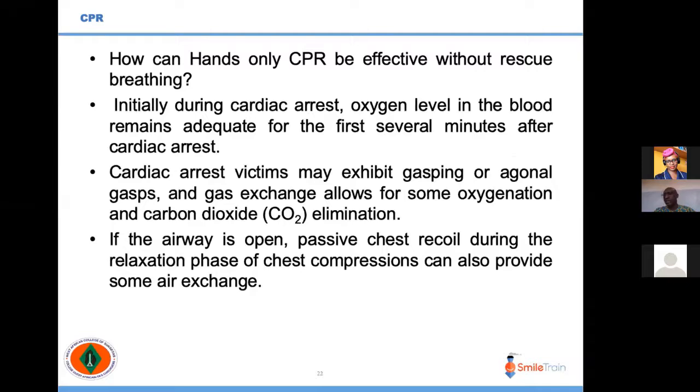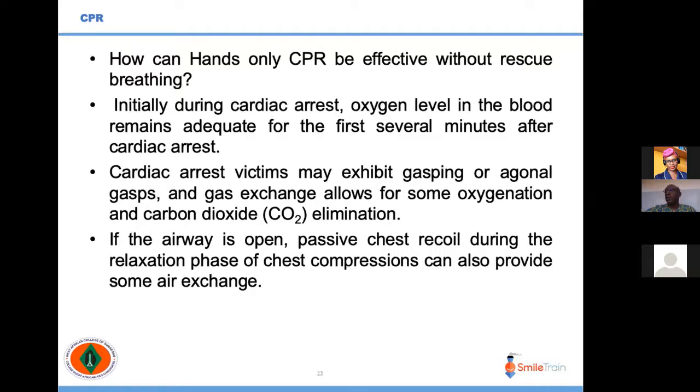So cardiac arrest victims may exhibit gasping or agonal gasps, and gas exchange will help to eliminate carbon dioxide. So if the airway is open, passive chest recoil during the relaxation phase of chest compressions can also provide some air exchange.